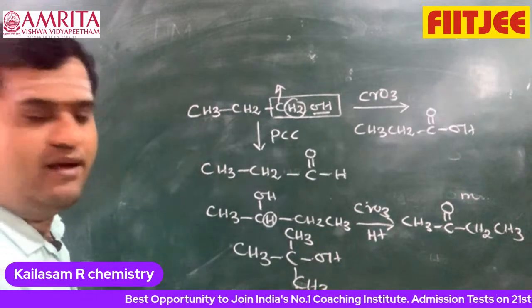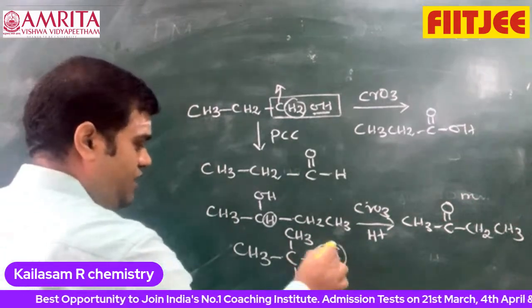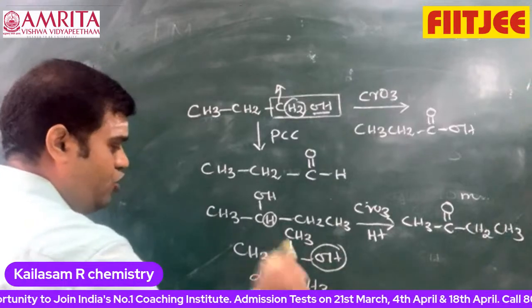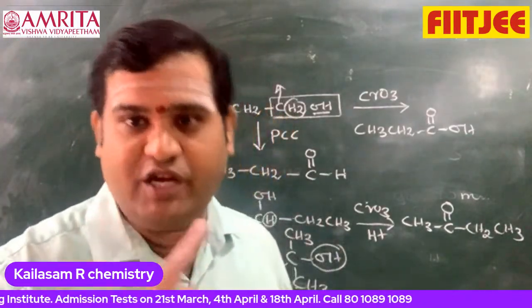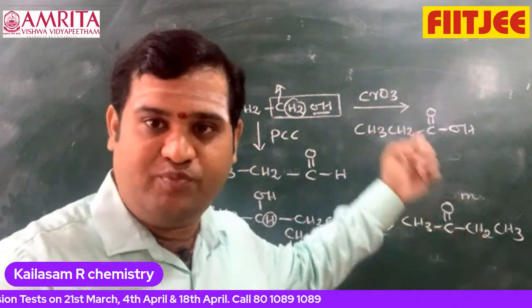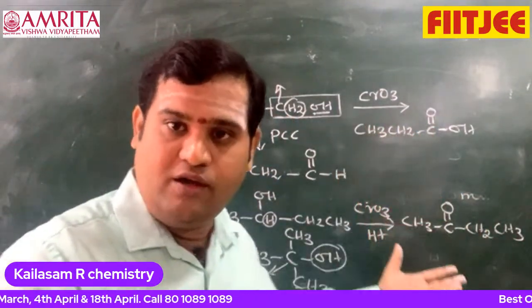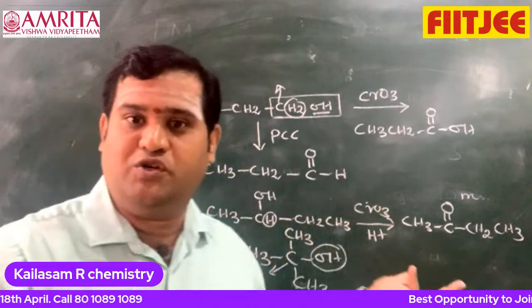Look at this example. Now this is an alcohol. This is the alpha carbon, no hydrogen. That's the reason tertiary alcohol never undergoes oxidation by using oxidizing agents like PCC or CrO3.